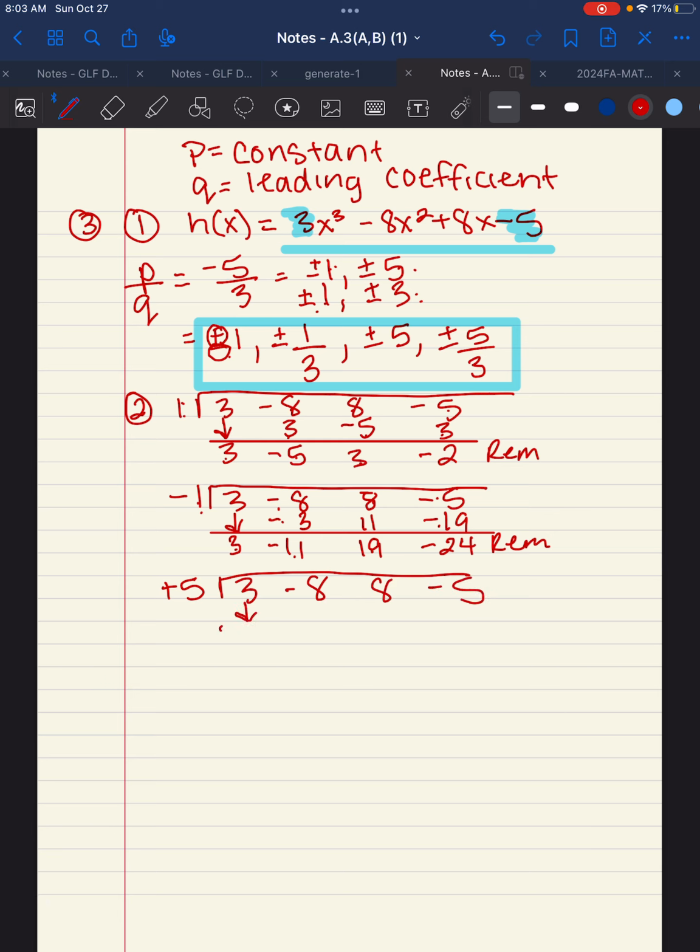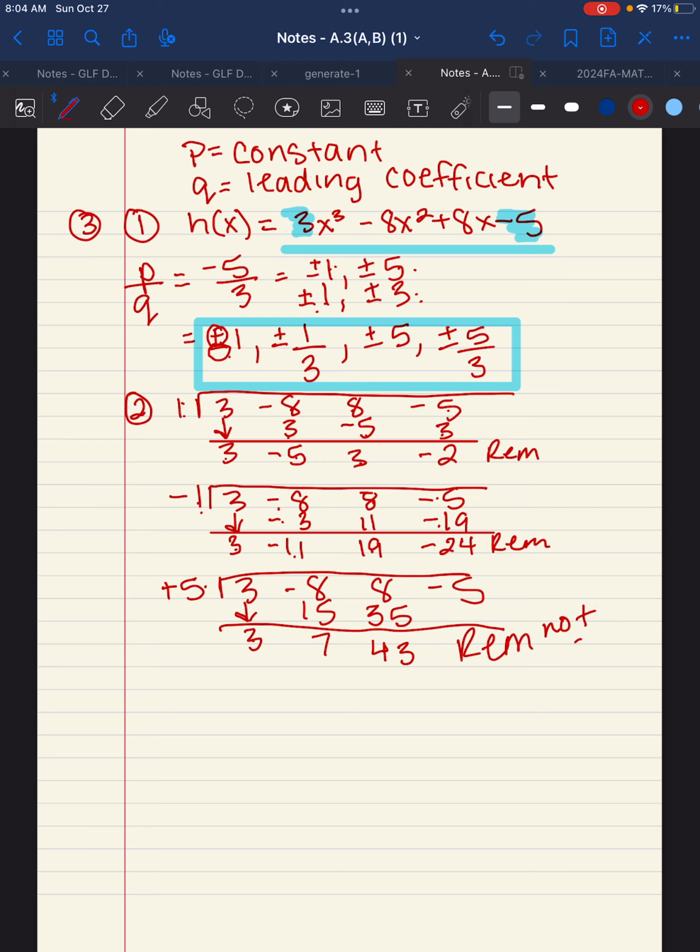Bring down that 3. 5 times 3 is 15. Negative 8 plus 15 is 7. 7 times 5 is 35. 35 plus 8 is 43. 43 times 5, I know I'm not going to get a remainder of 0.